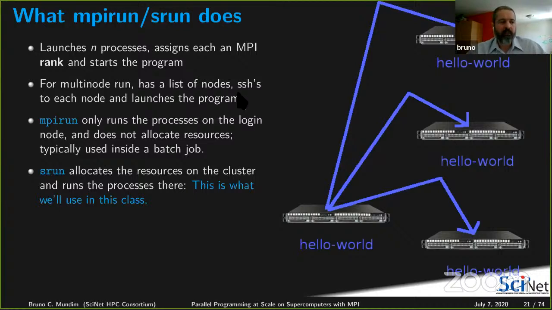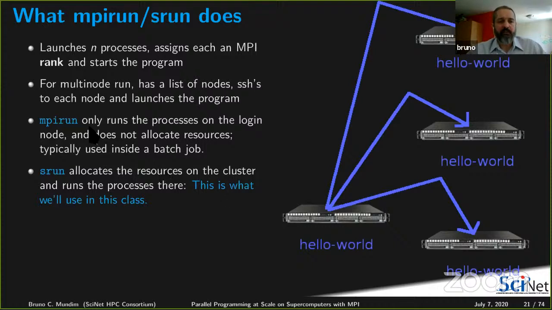Usually when you have only MPI installed in your cluster, the runtime library will SSH to each node and launch the program there. Now here we have Slurm that does the resource management, and it will launch the executables there for you, okay?